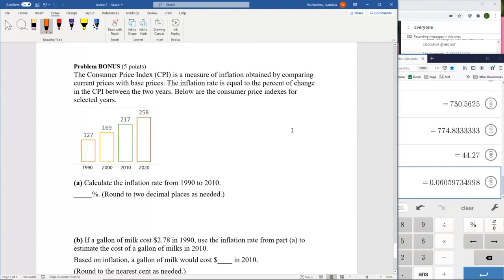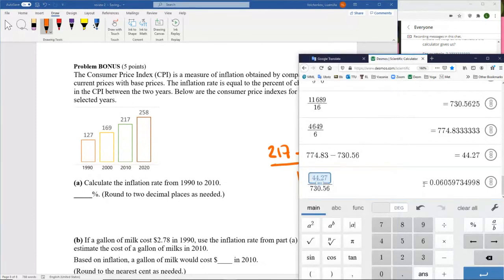So this is like a percent of change. You take the CPI from 2010, subtract the CPI from 1990, and divide by the base, the smaller one, 127.